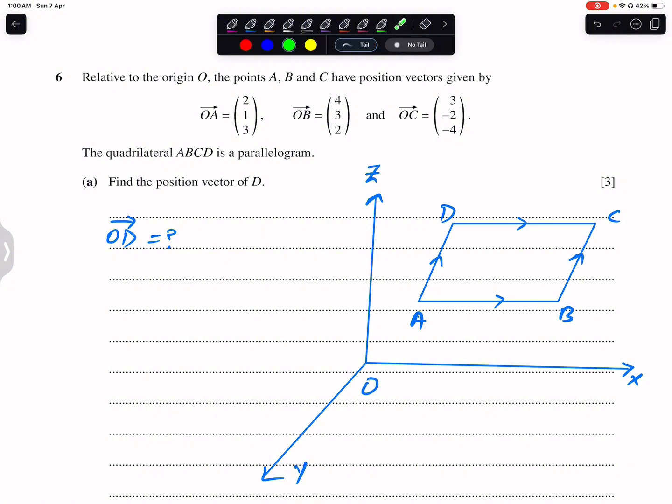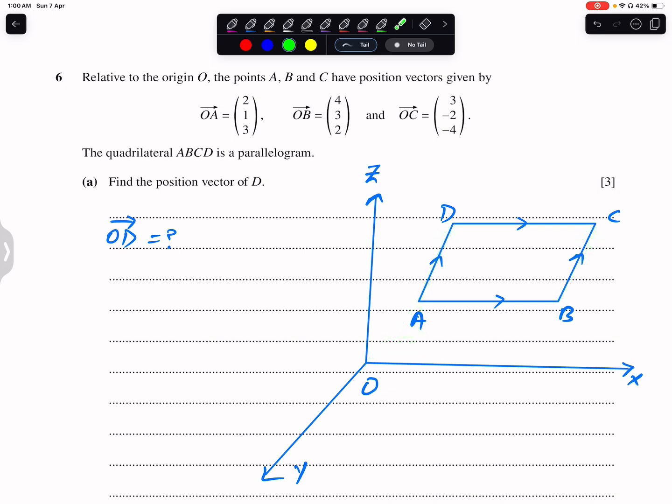Now they are saying you need to find OD. This is my question, but we cannot find it directly. What we will do, we will first come from O to A, and that will become OA, and then we will move from A to D. But again, we cannot do that directly. But as the diagram ABCD is a parallelogram, surely AD is parallel to BC, because this is the property of a parallelogram, and it also has the same length.